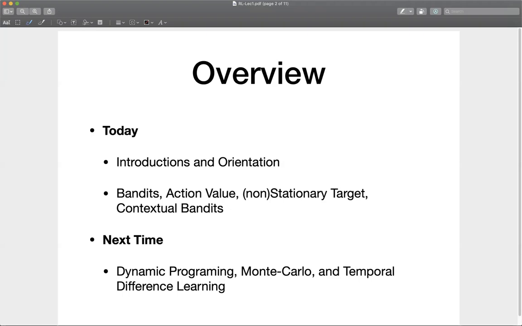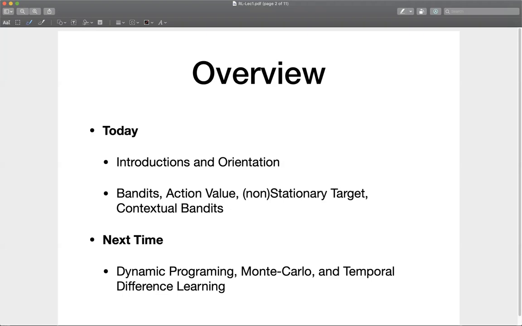So today I'm going to introduce you guys to what eventually we will get to, a formal setting for reinforcement learning. Before we get to that, we have to talk about a few issues, namely, how do we place a value on actions? I'll explain what that means later, but today we're going to cover that through a model called the multi-arm bandit.